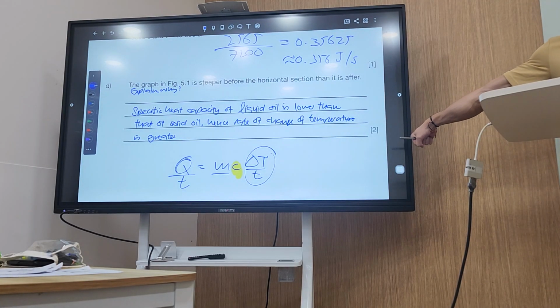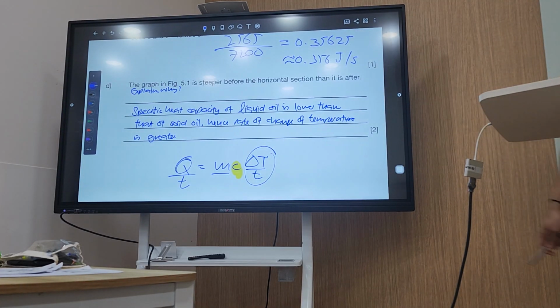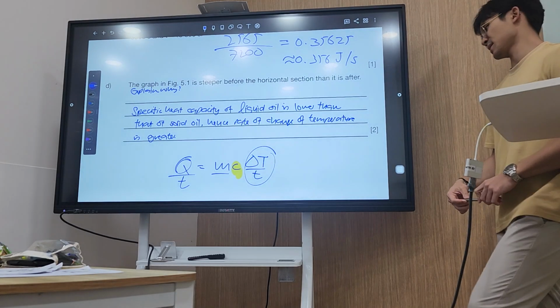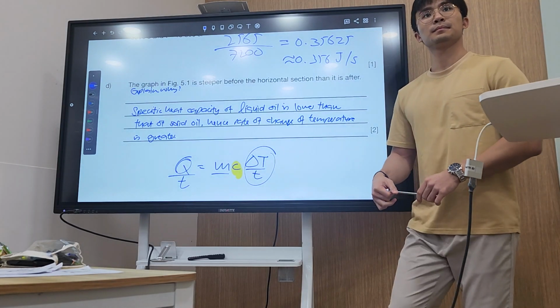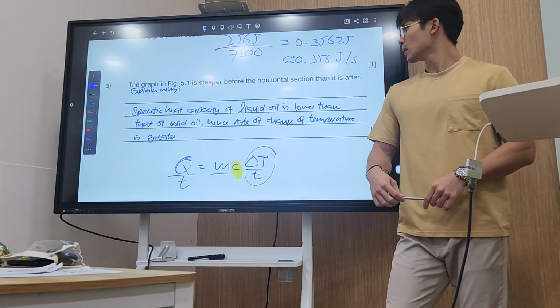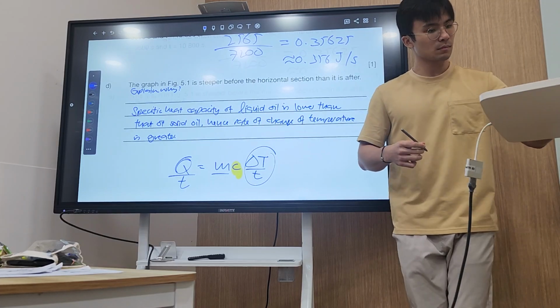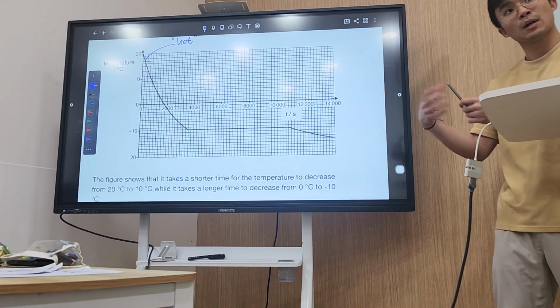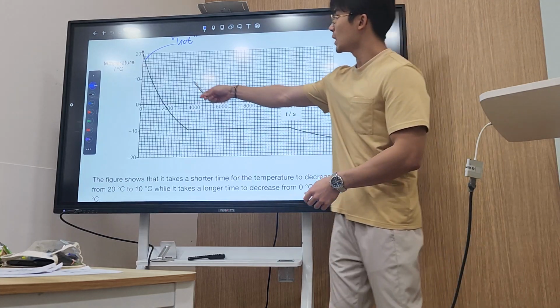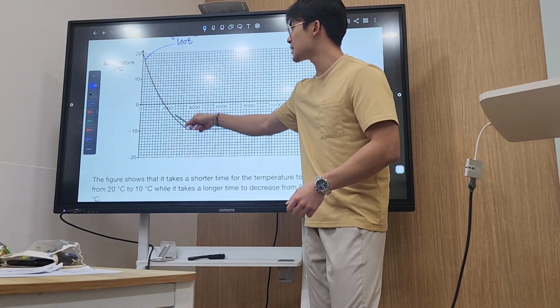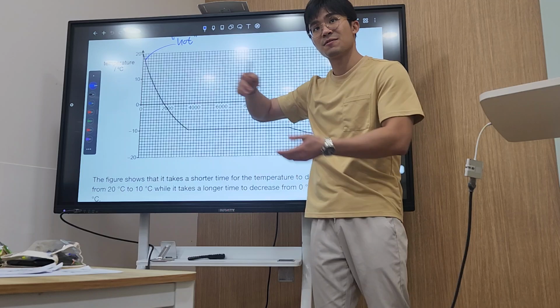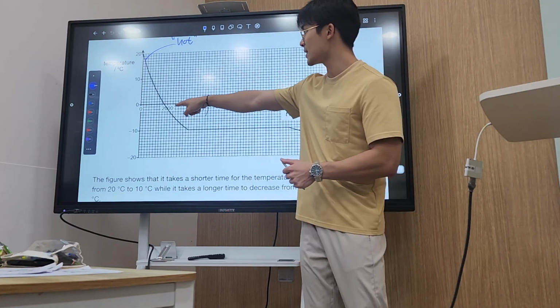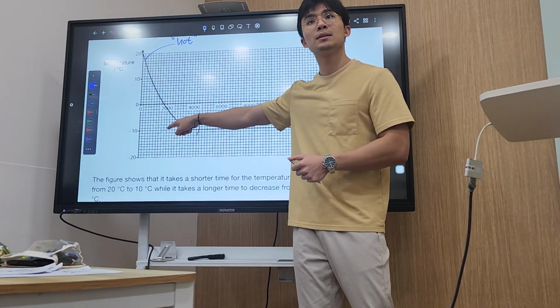Are we okay? And what is the horizontal section? Harry, the horizontal section is your freezing process. Because your energy is being lost at a constant rate, you are using a cooler. So over here it's steeper because your change in temperature is faster, because your C value is very small.